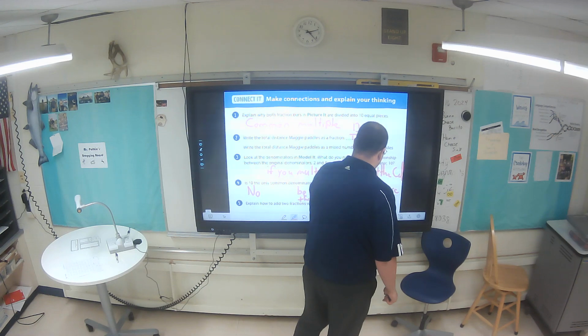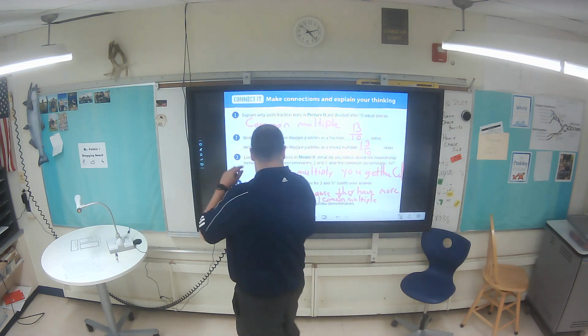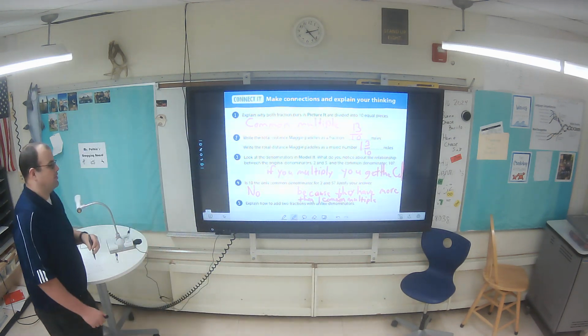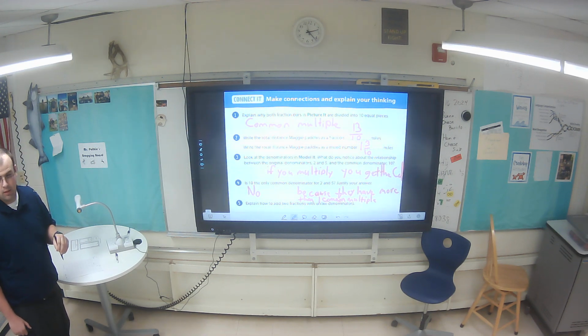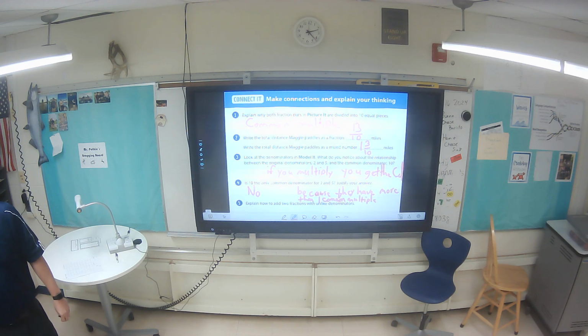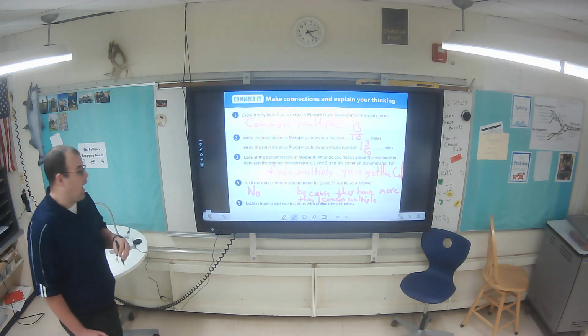Thank you. Explain how to add 2 fractions with unlike denominators. What do you need to find first? The lowest common multiple, or even more basic, the common denominator. Find the common denominator.